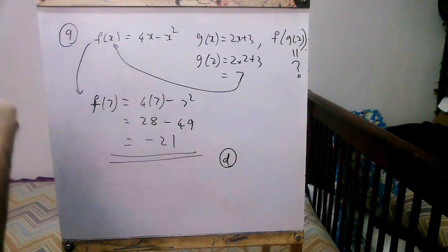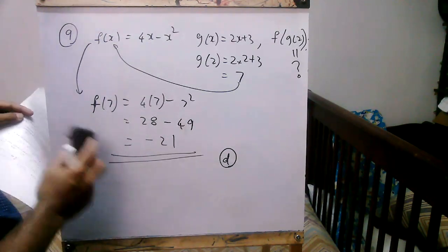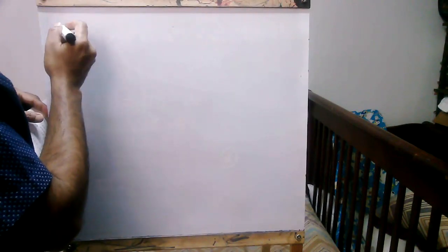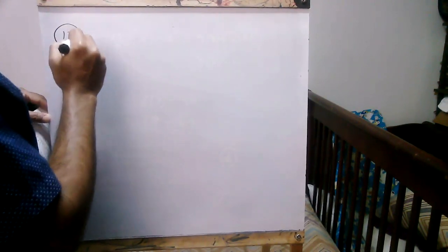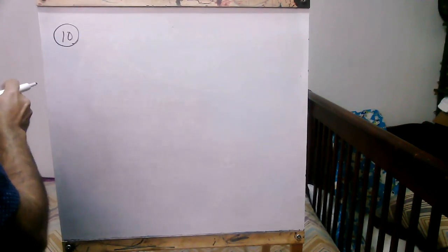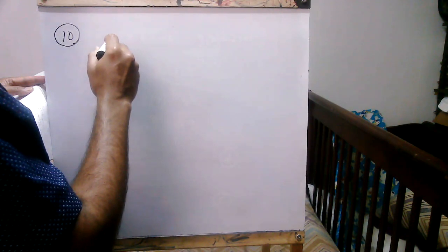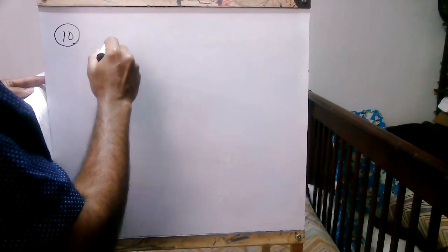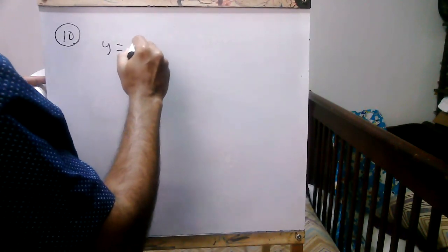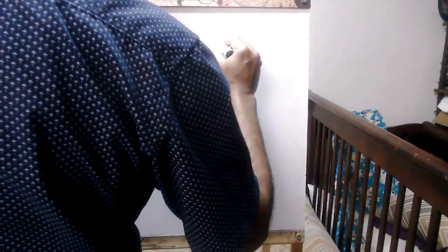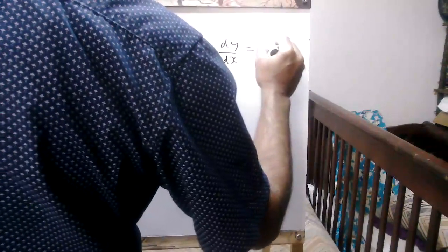Okay, 10. Right, I'm going to erase this. y equal to (x cubed plus 1) squared, and it's asking you to find dy/dx equal to what?